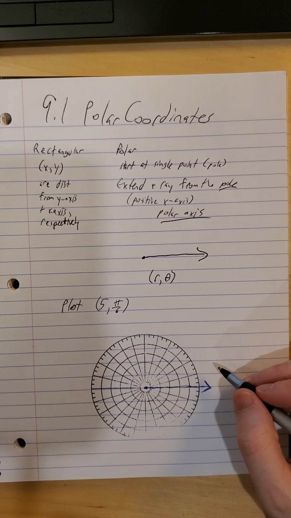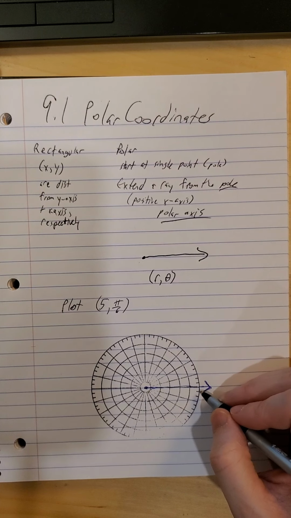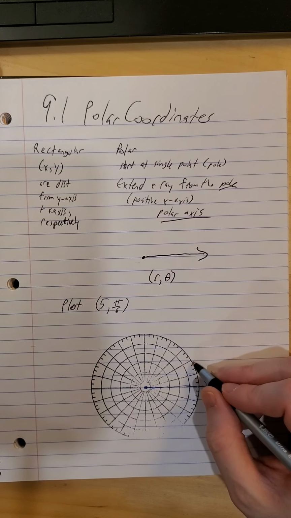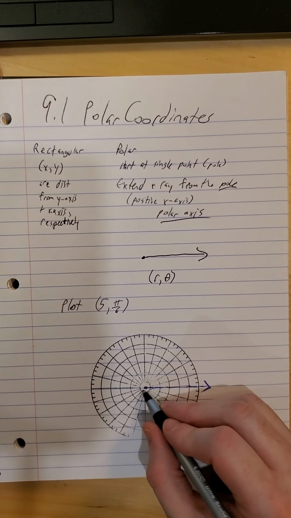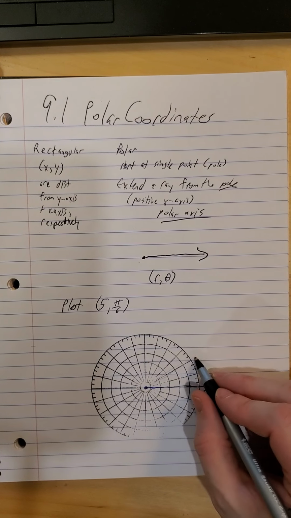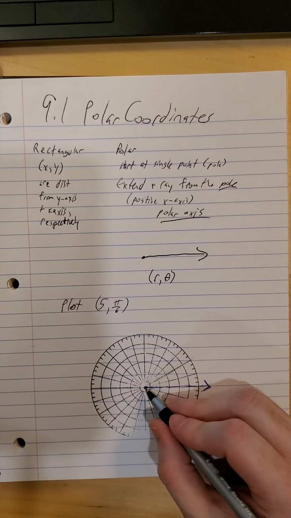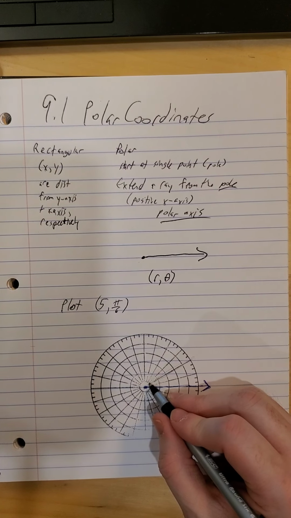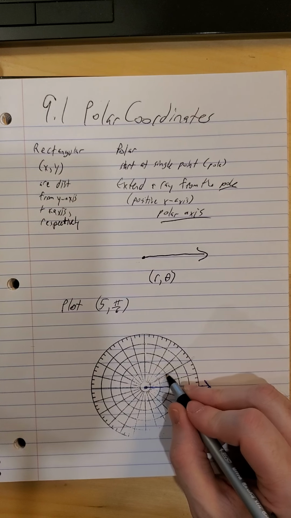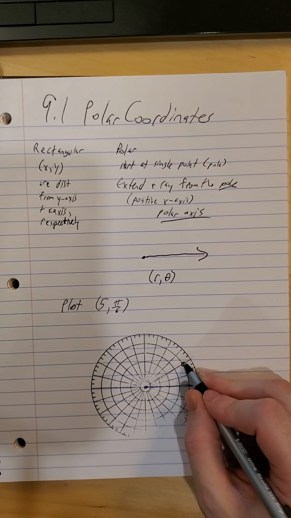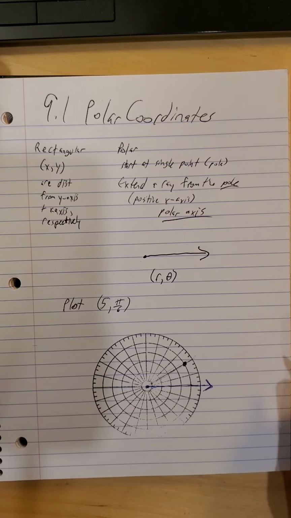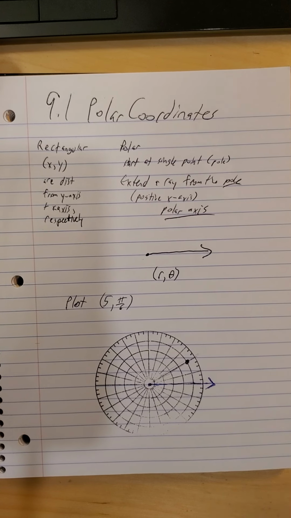Pi over 6, that's 30 degrees. So 15, 30. This is the direction we're heading. This is our angle theta. Then I'll go 5 units out: 1, 2, 3, 4, and 5 units out. So that is where the point lies.